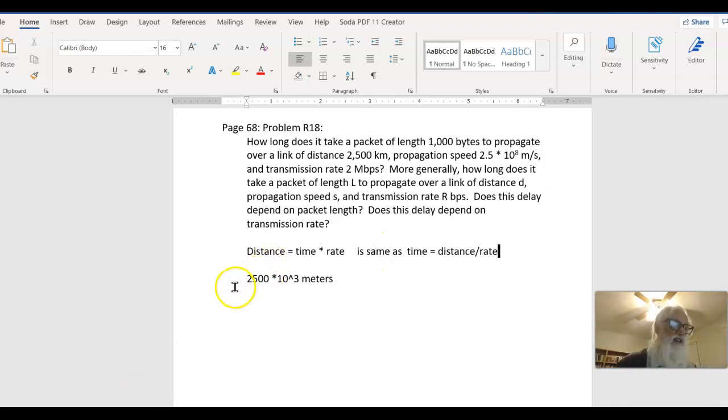So now you've got that number of meters divided by 2.5 times 10 to the 8th meters per second.